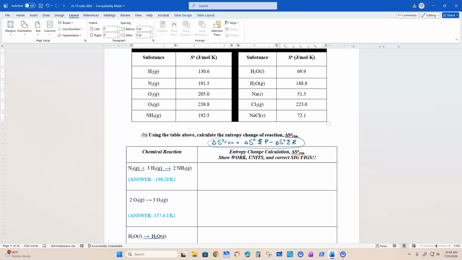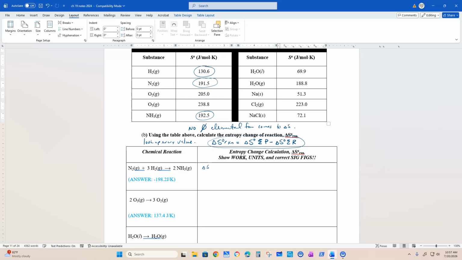I have N2, because remember, we have to look up every value. There is no zero for elemental form when it comes to delta S. We've got to look them all up. So I have N2, I know it's going to be 191.5. I have H2 right here, and then I have ammonia, and it's all gases.